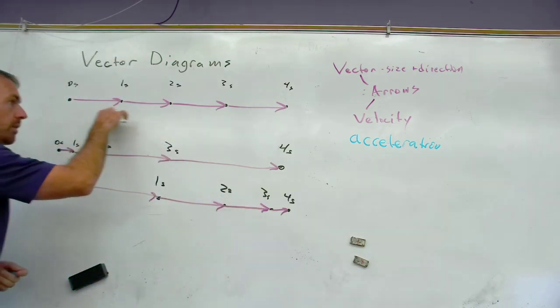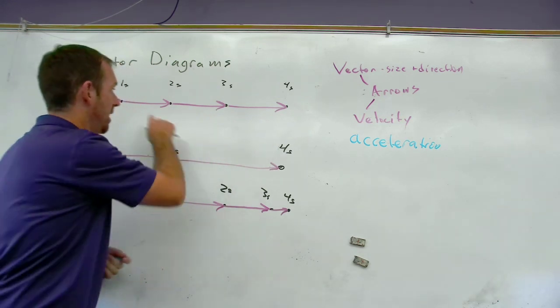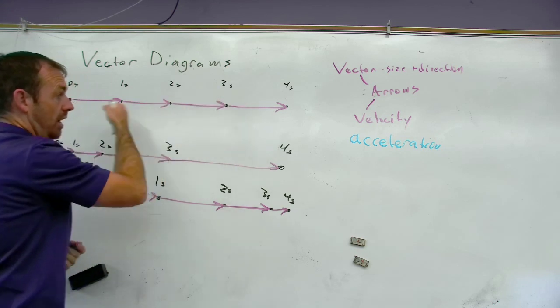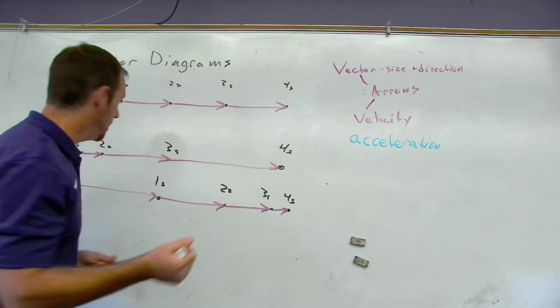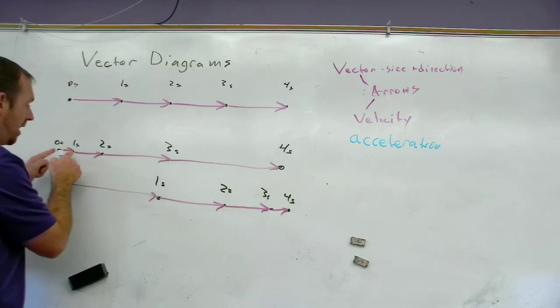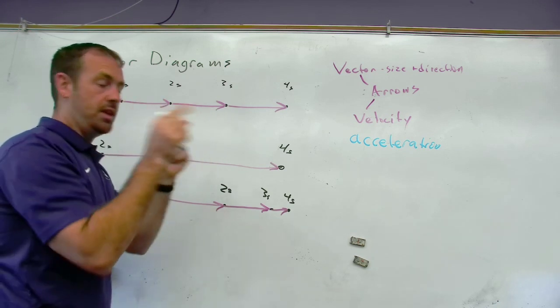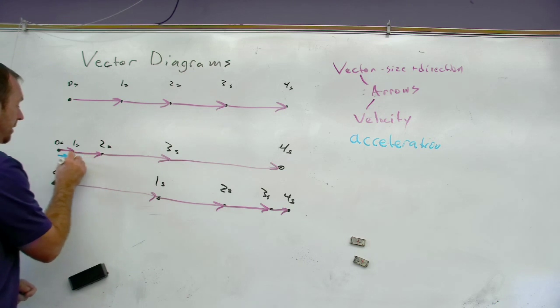And we could look up here, and if we were going to draw an arrow that shows this acceleration, well, velocity is not changing, so there actually is 0 acceleration up here, so there would be no vector we could show down here. But that's not the case on these two. These two both have an acceleration, and so in this case, the object is speeding up as it goes this way, so we know the vector would be this direction. So if we were to draw that, it might just be an arrow that would look like this.